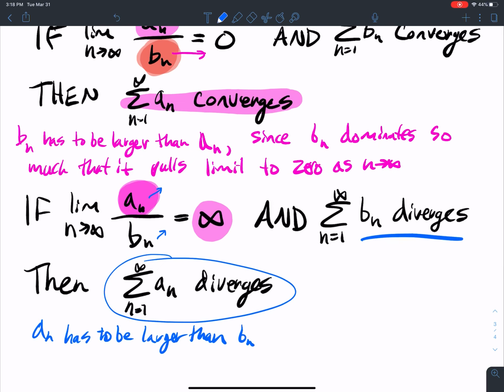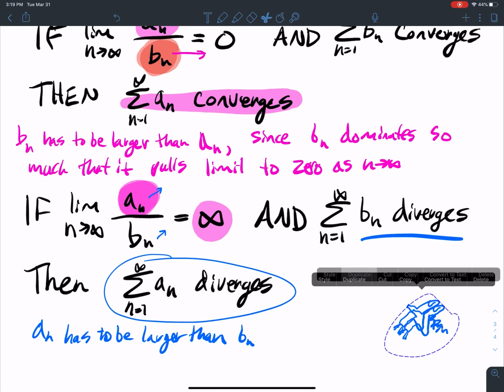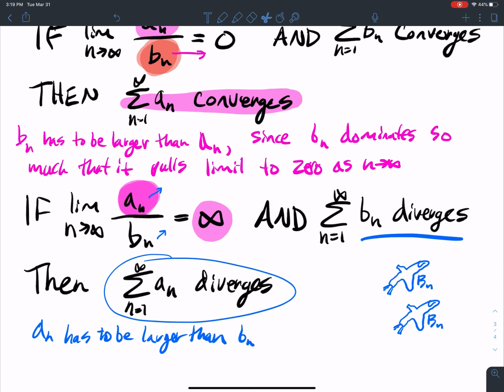Okay? So you think about the little airplane examples. If I know, oh man, that is a pretty airplane, right? My little b n is going off to infinity. Let me copy this because this is such an amazing plane. I want to make two of them, right? And I have my a n here.